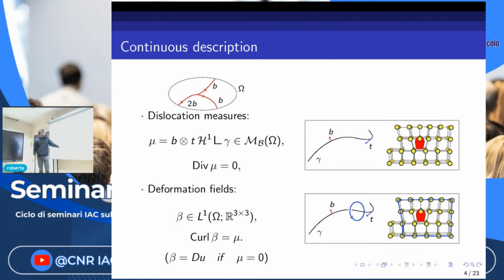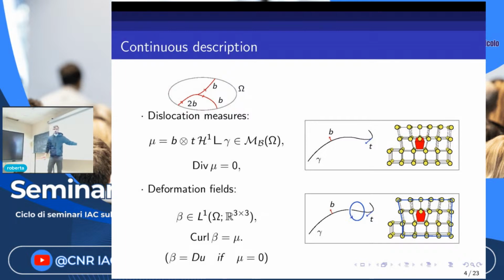We're looking for a strain field beta, which to every point in the body links a matrix, as it should be, because before it was the gradient of a vector field. And you cannot hope to look for it as a gradient of a function, because following the Burgers circuit argument as before, the circulation along the dislocation line is non-zero, and so it cannot be an exact form, so it cannot be a global gradient.